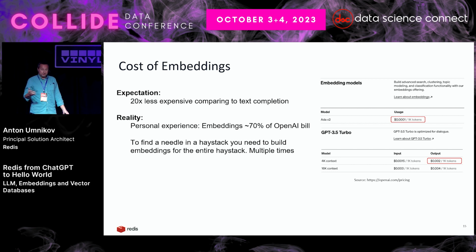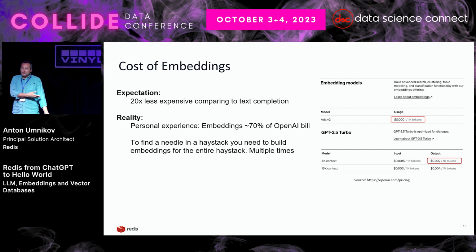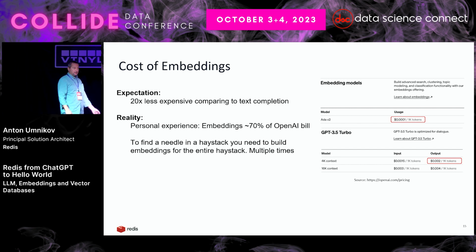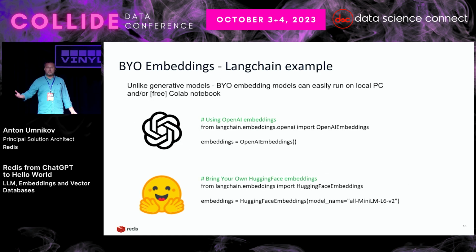All right, so my personal experience working on one of the projects that was on the previous slide: 70% of my OpenAI bill was for embeddings, not for the large language model, not for generation. And embeddings, unlike a generative large language model, are really easy, really lightweight, so you can use them in your own solution.